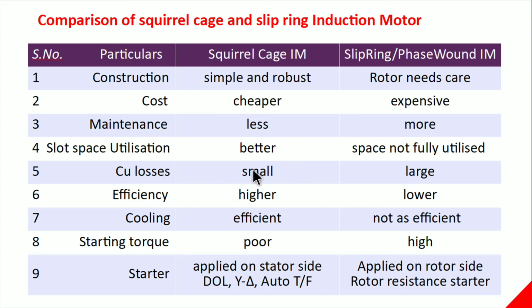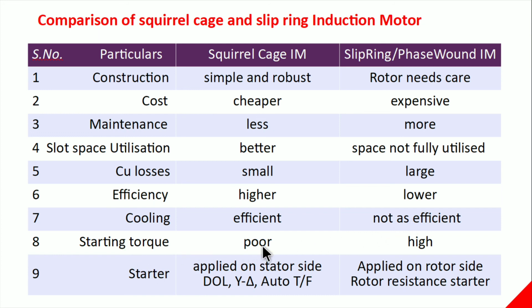Copper losses are small in the squirrel cage rotor because rotor conductors have more size, and in the slip ring case copper losses are more. Efficiency of the squirrel cage motor is higher and the slip ring motor is comparatively lower. Cooling is efficient in the squirrel cage induction motor because the cooling fan can have more space, and it is not that efficient in the slip ring motor.